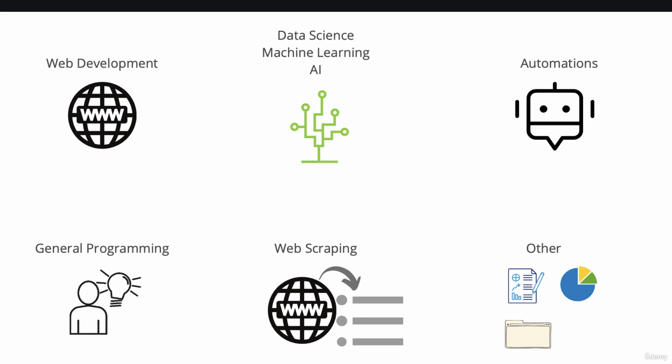That is not the best area where Python excels, because there are other programming languages which are better for that, such as Java and C. So Python is best for web development, data science, machine learning, AI, and automations, and general programming and web scraping as well. And some people also use Python to create and sell APIs.